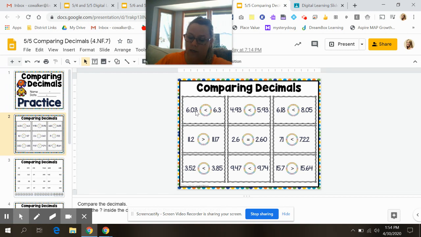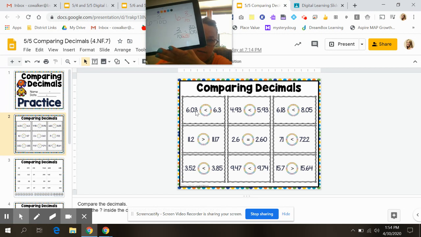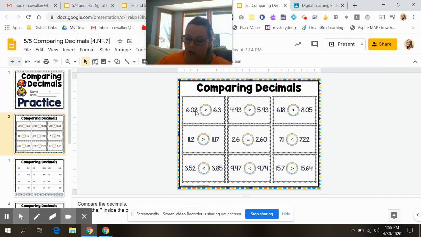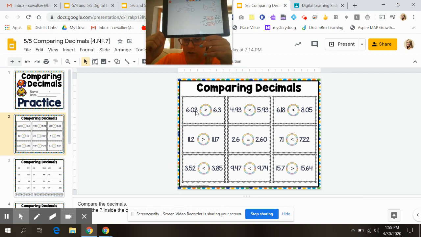Because like we learned in third quarter, whatever you do to the bottom of a fraction, you must do to the top. So if I want that 10 to be 100, I would have to multiply the bottom by 10. Then if I multiply the bottom by 10, I must also multiply the top by 10. So that means 3/10 is equivalent to 30/100.